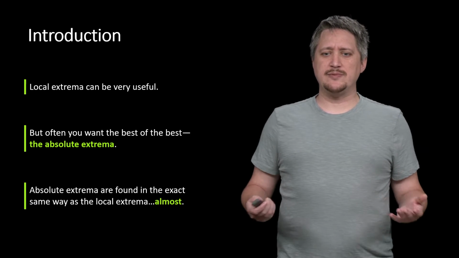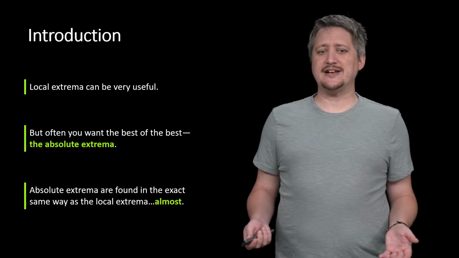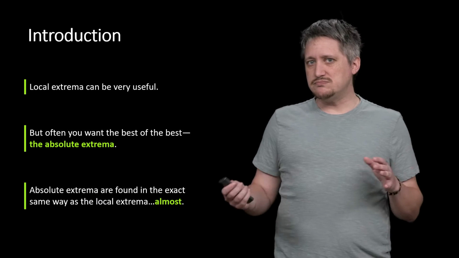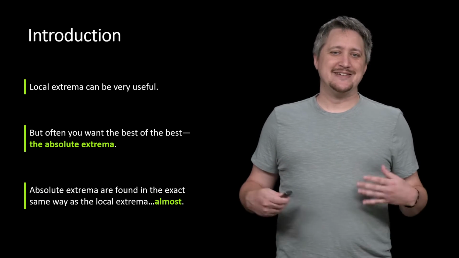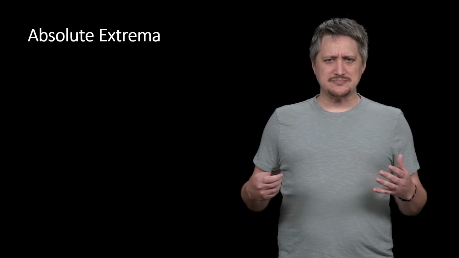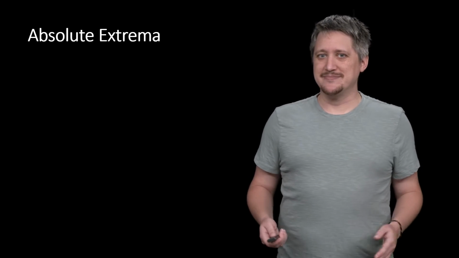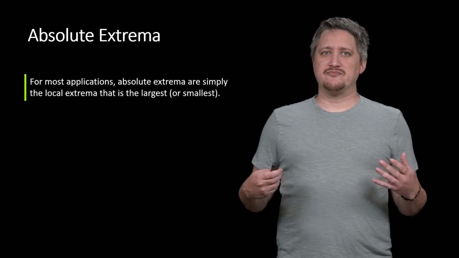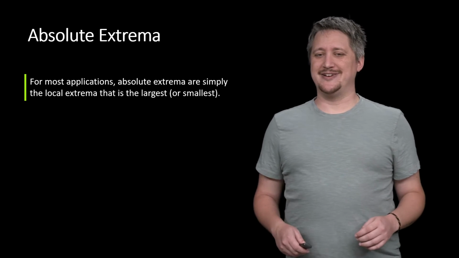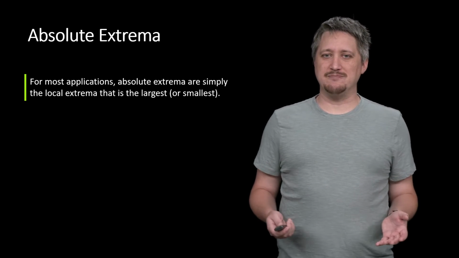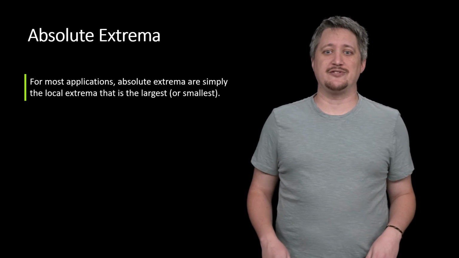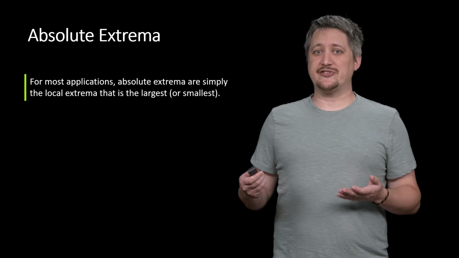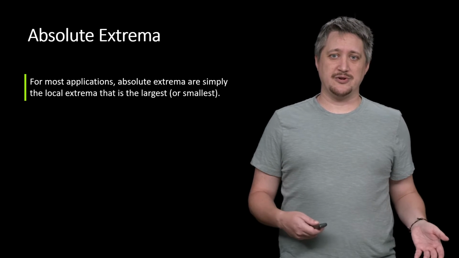Now, absolute extrema are found pretty much the exact same way as local extrema, almost, with a little asterisk. So looking at absolute extrema, most of the time, in practice, for most applications, absolute extrema are simply the local extrema that are exactly that, the best of the best. So it's the largest maximum or the lowest minimum.